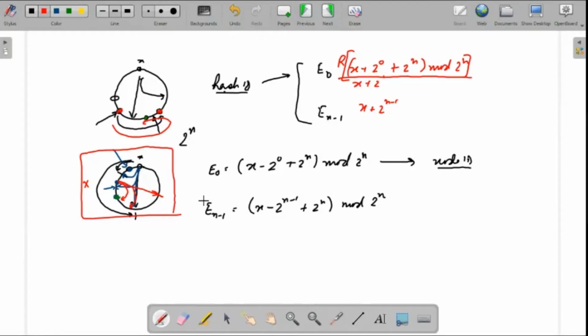So let's take an example and see what happens, whether I get the correct routing table or not when a new node enters. When a new node enters, the routing tables of whichever nodes get affected have to be updated. And we will see that if I actually do this, it is not going to converge.